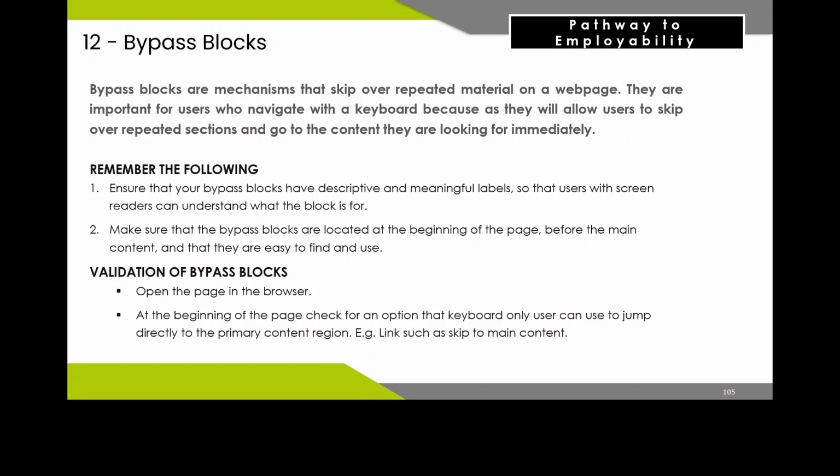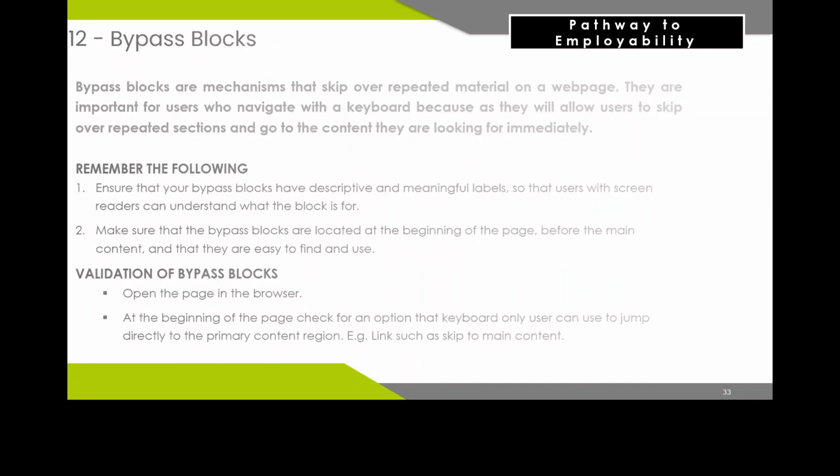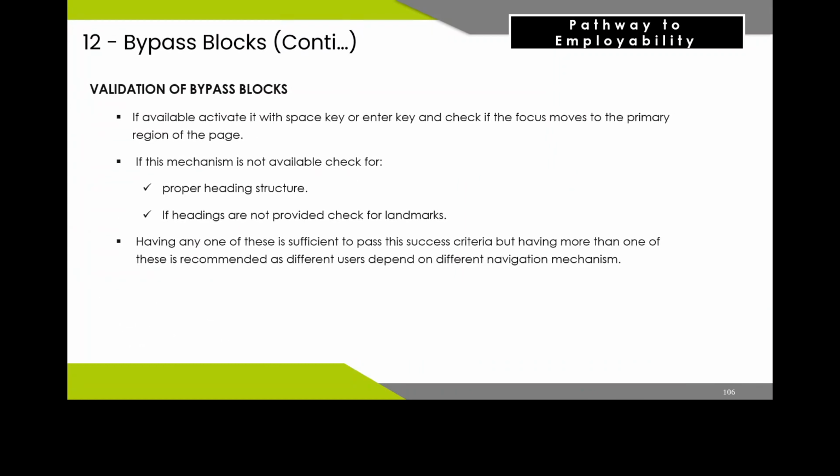Validation of bypass blocks. Open the page in the browser. At the beginning of the page, check for an option that a keyboard-only user can use to jump directly to the primary content region, e.g. links such as skip to main content. If available, activate it with the space key or enter key and check if the focus moves to the primary region of the page.